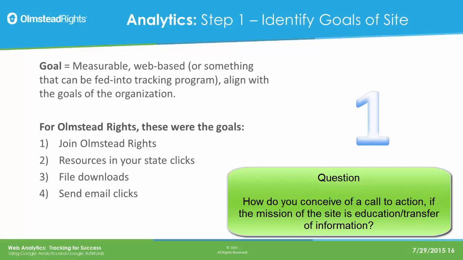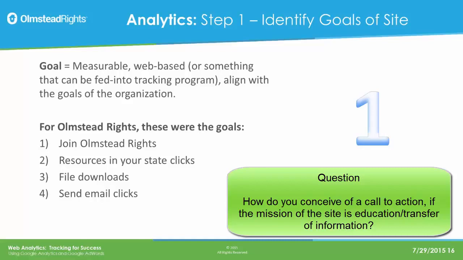So each time a person visits the site, they're not just looking at 1 or 2 pages, they're looking at 5 or 10 pages. So sometimes we create goals that track how many users hit at least 5 pages or spent 6 minutes on the site. That's very key.